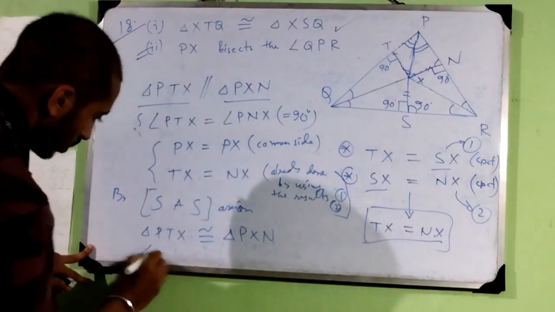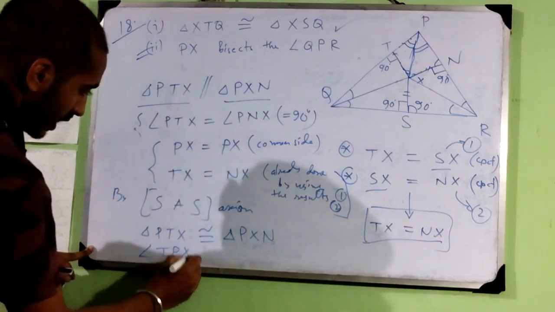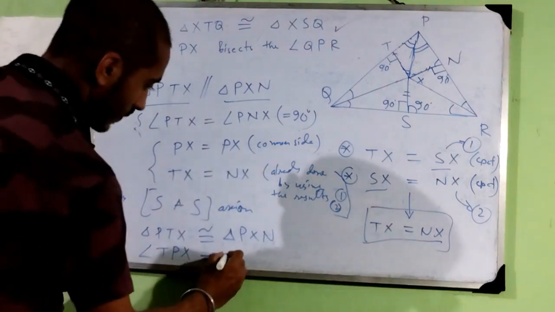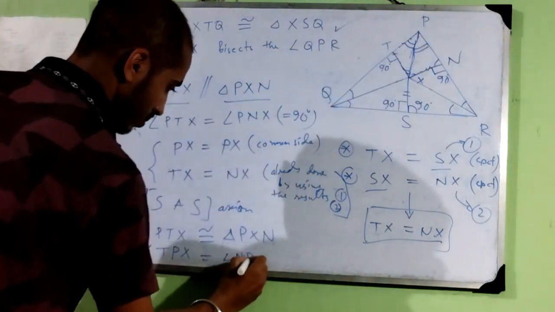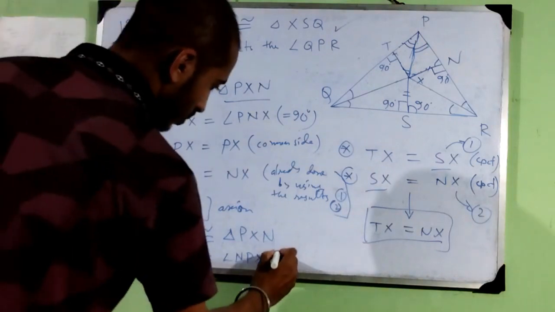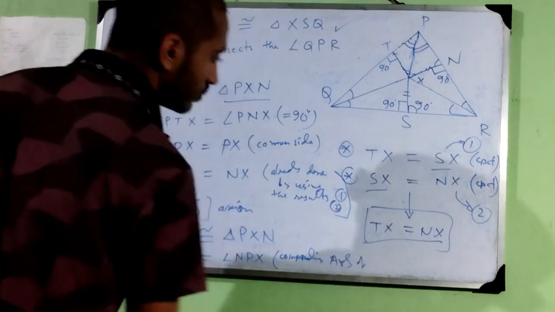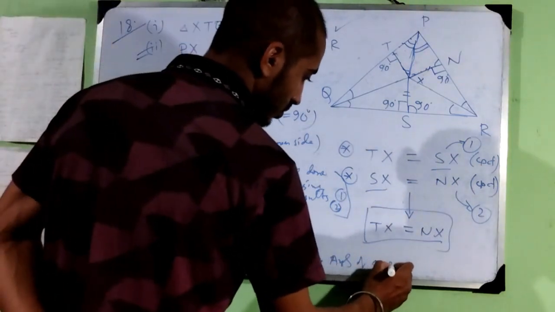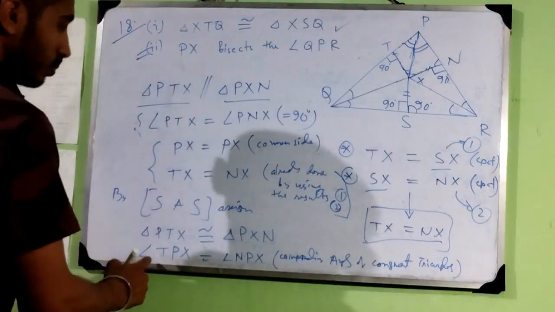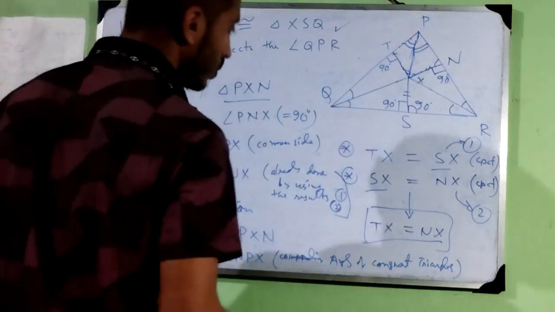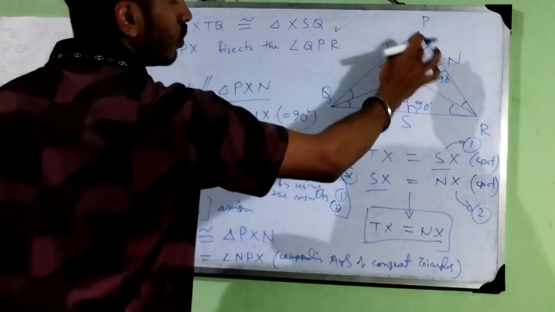So angle TPX equal to angle NPX, the corresponding angles of congruent triangles. So two angles are equal, that is, in other words, PX divides the angle P into equal parts.